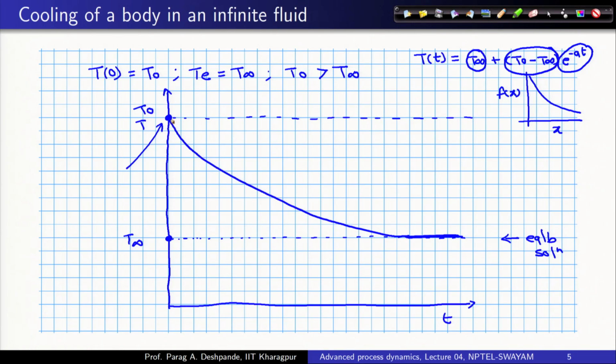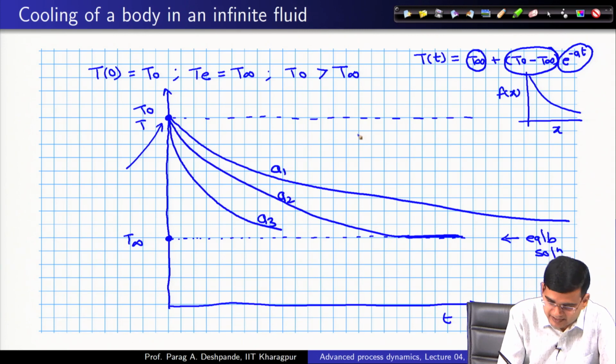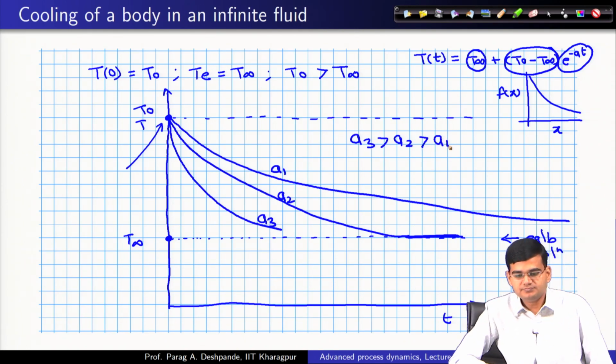I can have same starting initial point and different phase lines, all of them would asymptotically go to T infinity and so on, and if this is A 1, this is A 2 and this is A 3, 3 different values for A, then as I said, the magnitude of A will give the quickness of the system to adjust to the new condition, and therefore, in this I can write A 3 to be greater than A 2 to be greater than A 1, fine.